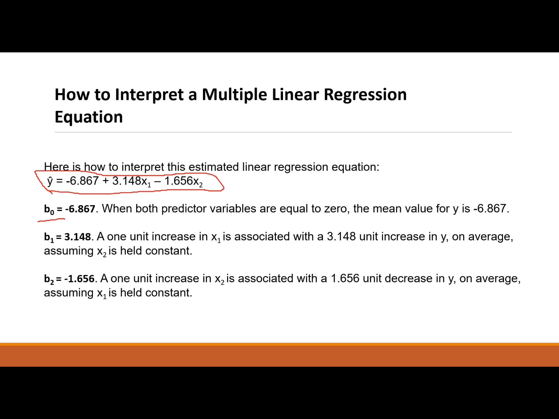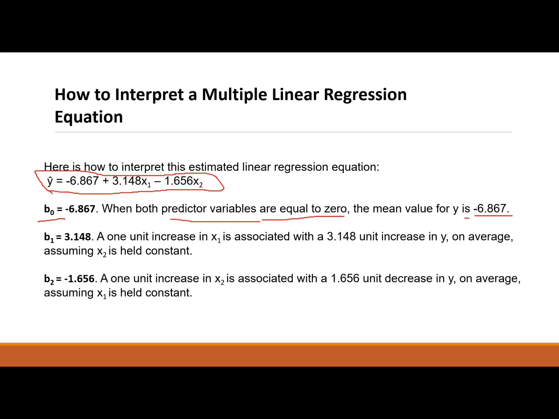So when both predictor variables are equal to 0, meaning x1 and x2 are equal to 0, the mean value for our y is negative 6.867.